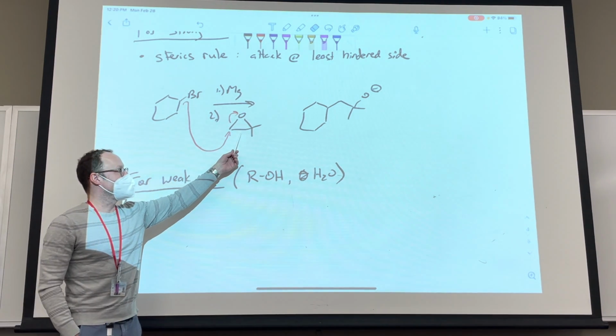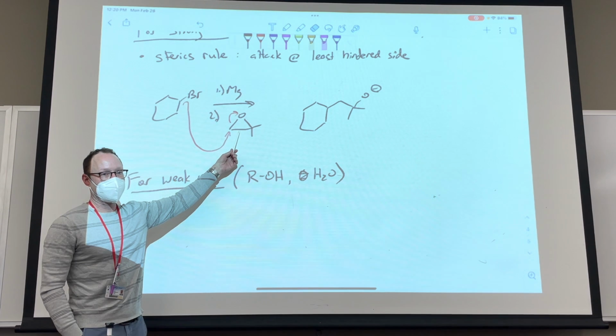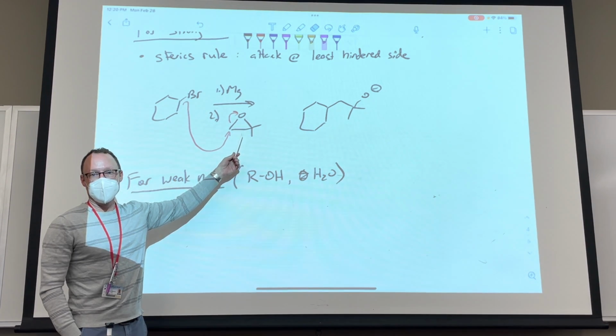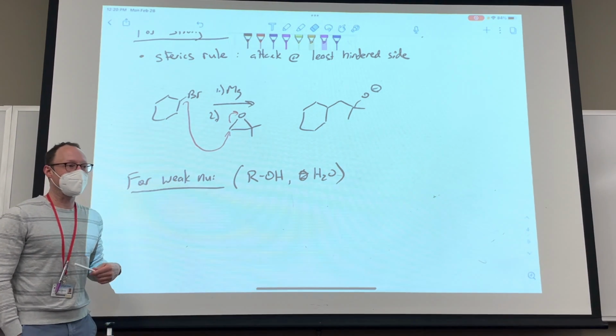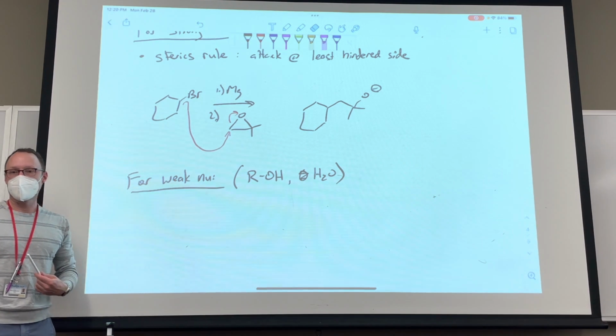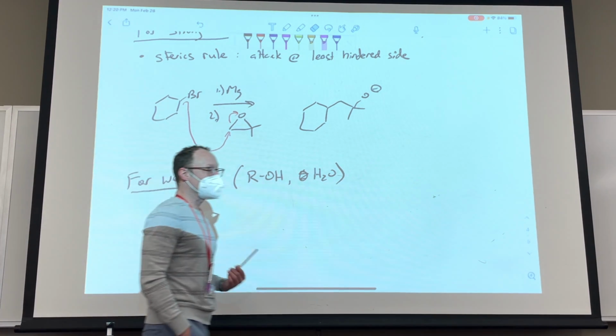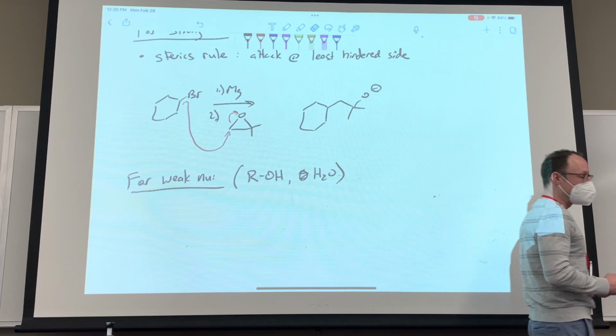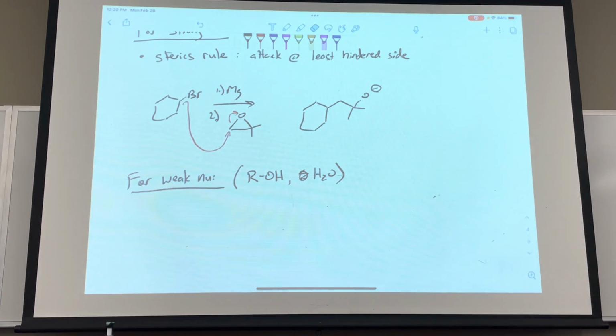The epoxide is not a particularly good electrophile. You have a weak pair, and that does not lead to a reaction. So if we're going to try to use one of these neutral, weak nucleophiles, we're going to have to do something to make one of them strong. And the way we're going to do that is we are going to use an acid catalyst.